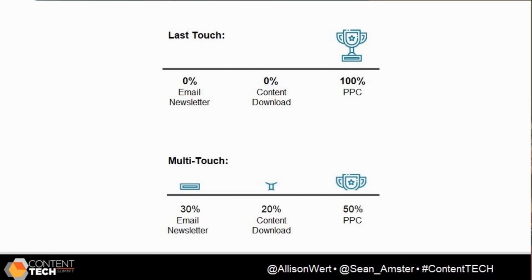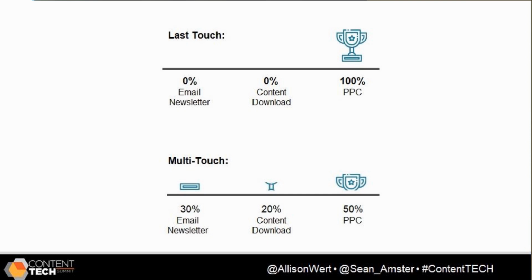So that PPC ad would get 100% of the credit. Great, that's awesome. However, what you're missing is that they interacted with an email newsletter and a piece of content. But in a last touch model, you're not necessarily seeing that value carry through. You can see that through engagement, sure, but you're not connecting that engagement to your revenue.